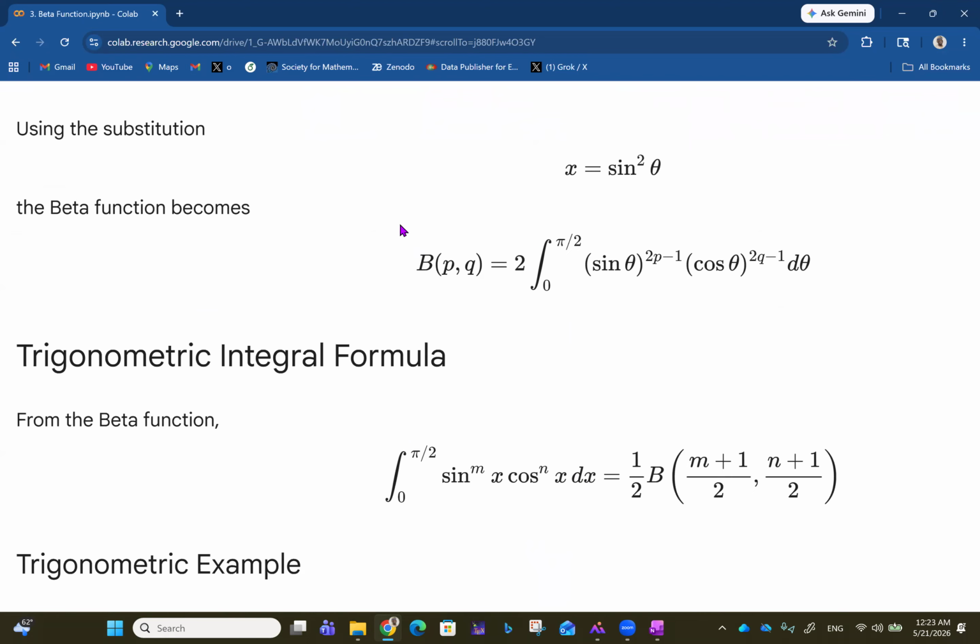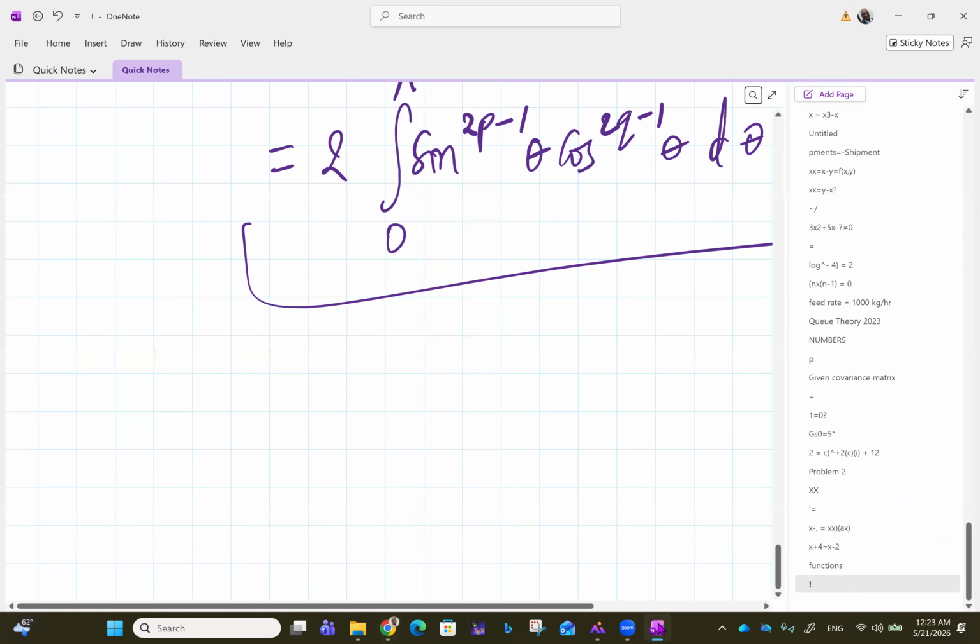Divide both sides by 2, so this is like half beta pq. Okay? So half beta pq. So now, if we say 2p minus 1 is equal to m, at the end of the day, we have this kind of transformation here. Okay, I guess I want to still do that. So if this is m and this is n, let's see what happens.